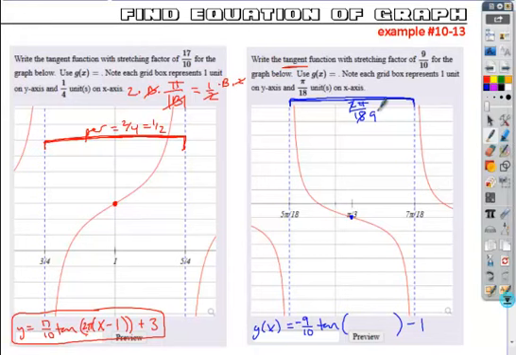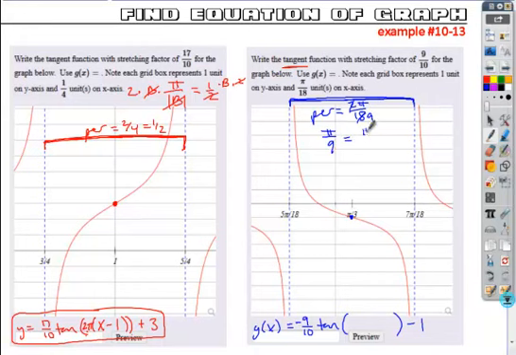Okay, and so once you know that period, you can set it equal to the calculation. So 2 pi over 9 is equal to pi divided by the absolute value of b. Oh, 2 pi over 18. Sorry, 1 pi over 9. Thank you. Okay, so the period winds up being pi over 9.